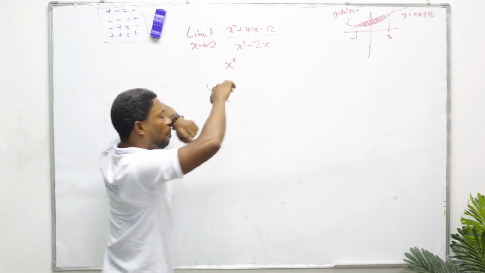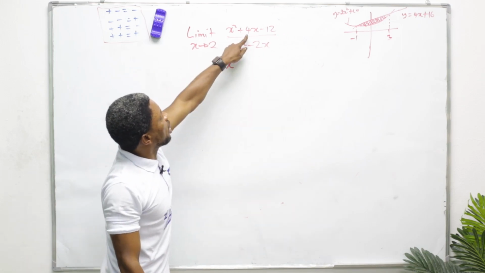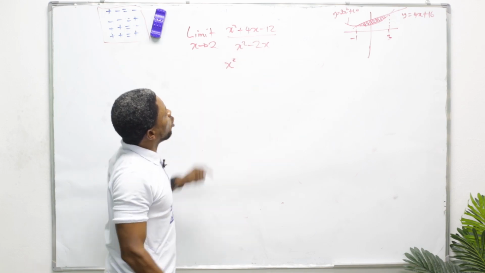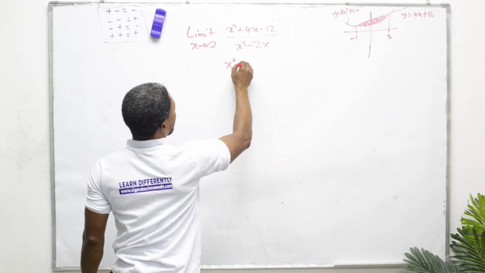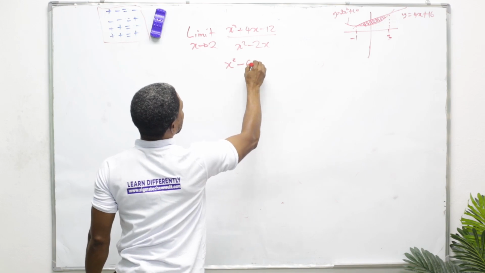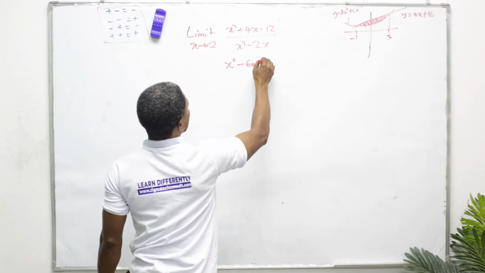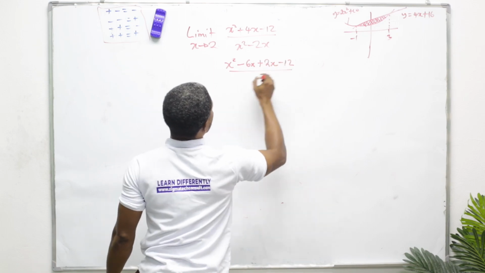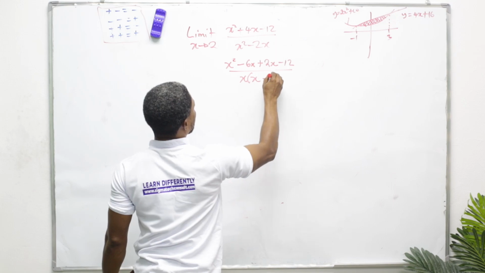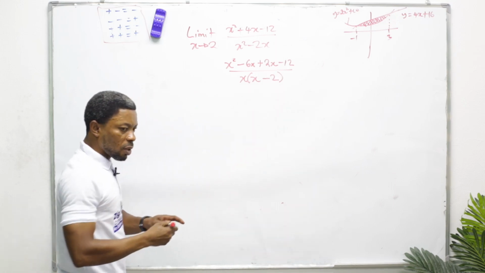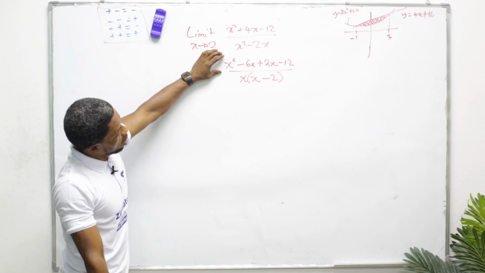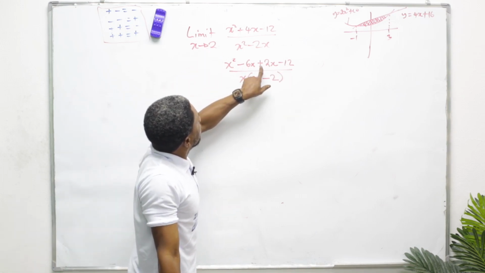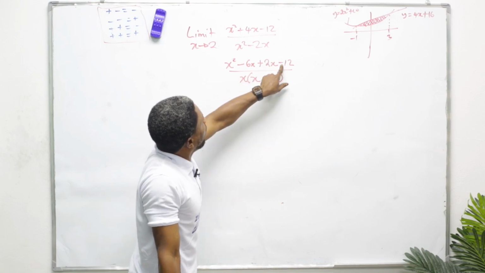Factors of minus 12 that add up to give me the middle term 4x: plus 6x minus 2x. This time minus 2 times plus 6 will give me minus 12.